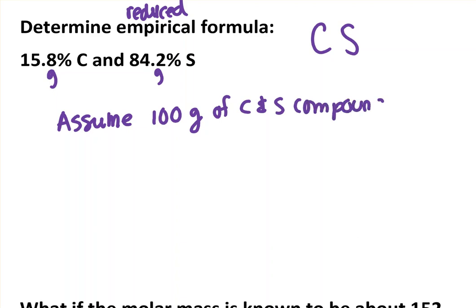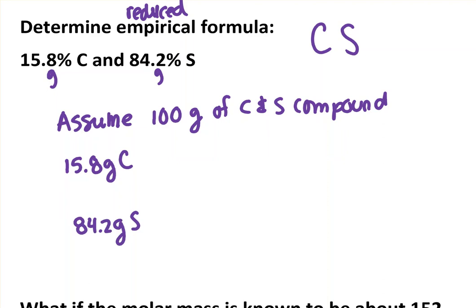And if we do, then it allows us to take these percents and put them in a gram to gram ratio. In other words, if I have 100 grams of it, I know that 15.8 grams are carbon and 84.2 grams are sulfur, because that's what the percents told me.